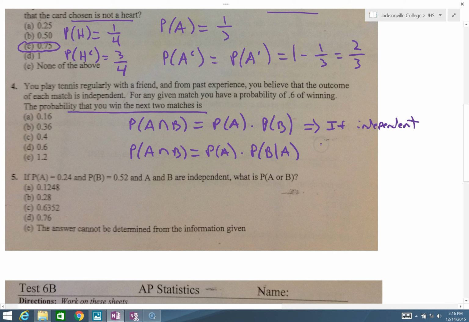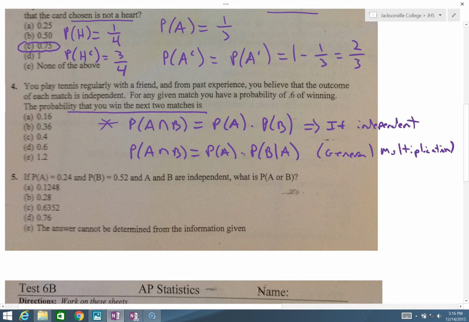This is the general multiplication rule. It works all the time. And if events A and B are independent, then the conditional probability is equal to the probability of B, and it becomes this top rule. So the top rule is simply a special case of the general rule.